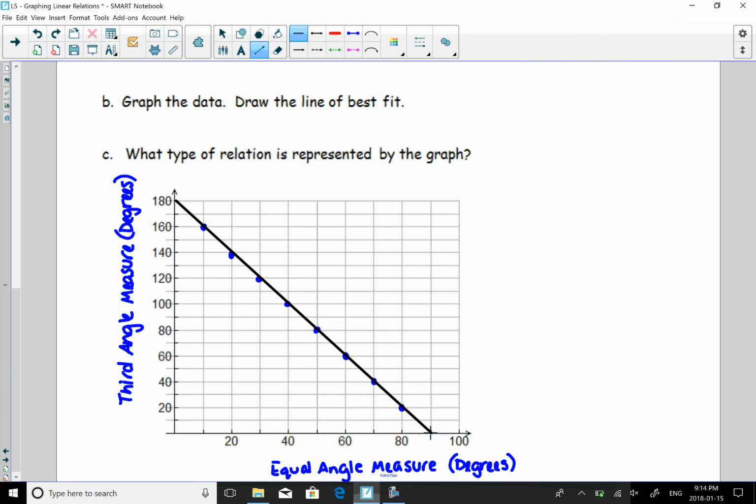You'll notice this is a linear relationship. So I can answer that question here.